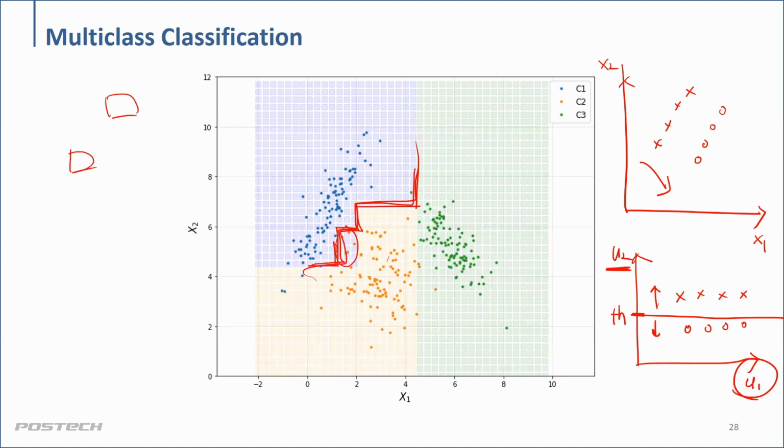So for decision trees, the decision boundaries always have to be parallel to the axis, and that gives us some limitations. How do we overcome that? You can increase the depth or think about coordinate transformations before you apply the decision tree.